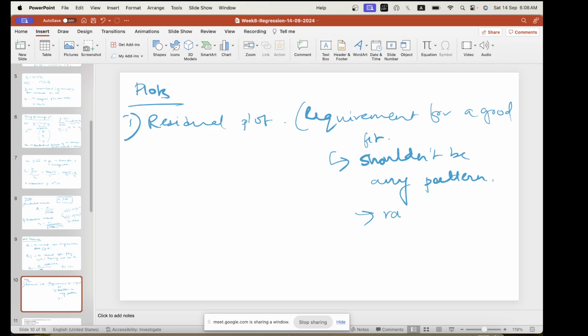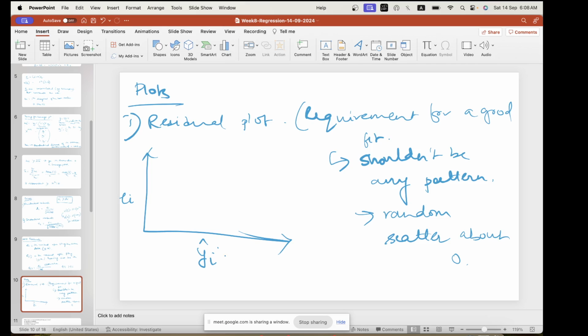That is, we want a random scatter about 0. This is the ideal plot that we would want if we have to comment that okay, we have made a good fit for the data. So we plot the residuals ei on the y-axis and yi hat, the predicted response variable, on the x-axis, and if this is the 0 line, we want a random scatter over here.